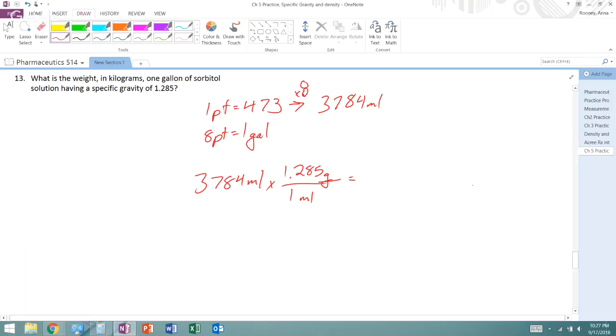All right. 4,862.4, and this is in grams, and they want it in kilograms. So our kilograms would be 4.8624 kilograms.